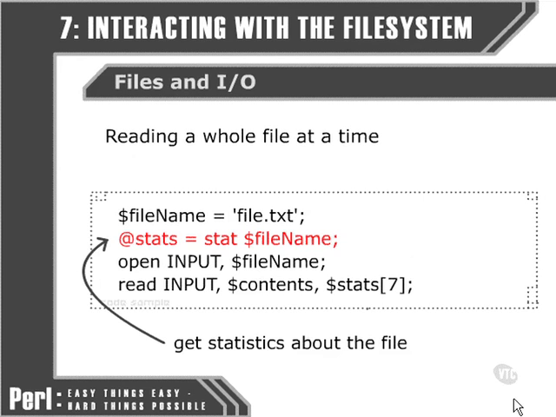We don't use a file handle with the stat function. We just use the literal name. And if there was any path that had to be included to access that file, we'd include that within the file name variable as well. So once we've got our statistics about the file, then we open a file handle, again using the same variable as we did to run the stat function.